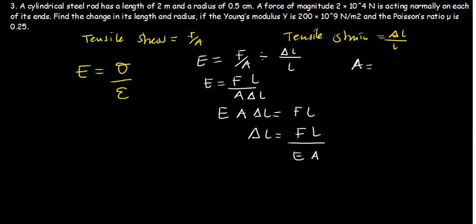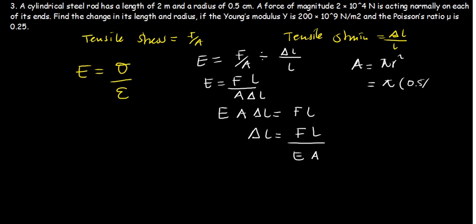We've been told this is a cylindrical steel rod. If it is in the form of a cylinder, then the area of the top of a cylinder is simply a circle, and the area of a circle is given by pi r squared. So that is going to be equal to pi, the radius we've been given as 0.5 centimeters. We have to convert that to meters, how?